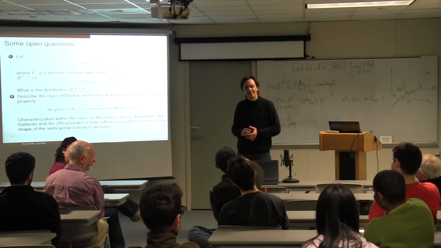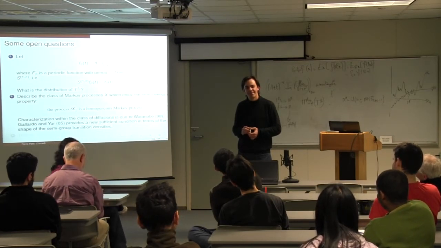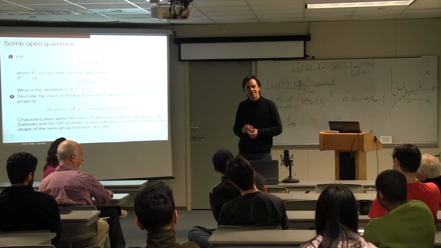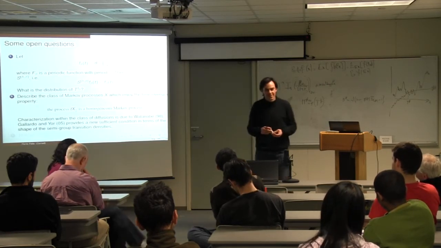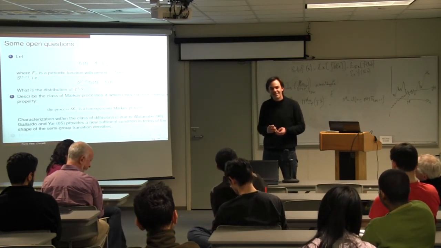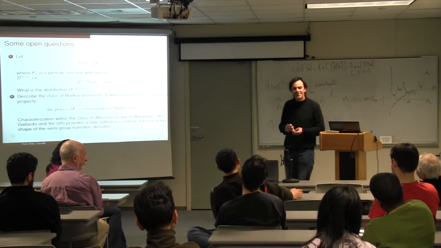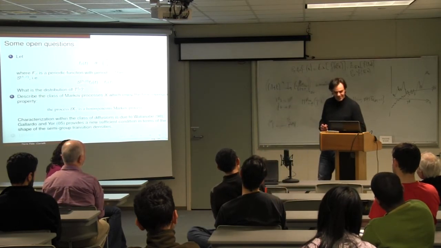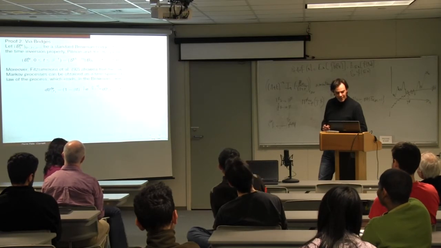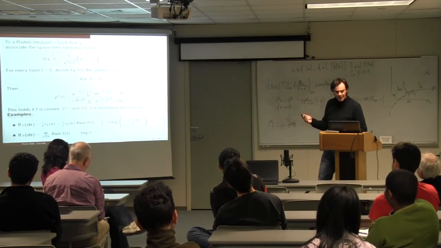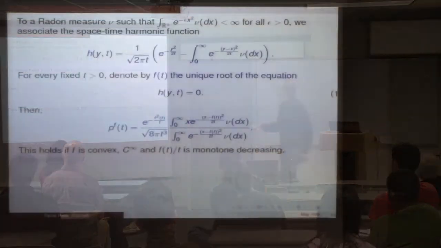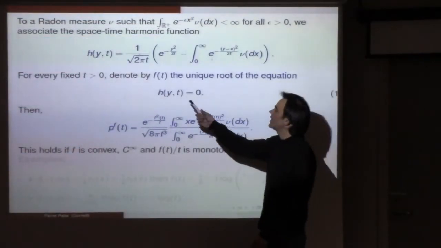For the PDE solution, so you have given u, you have a solution, you can find the corresponding f. Did you answer the question about the reverse? If you are given f, can you always find a u corresponding to that? No. The way it is presented, you need to solve this implicit equation to characterize f.